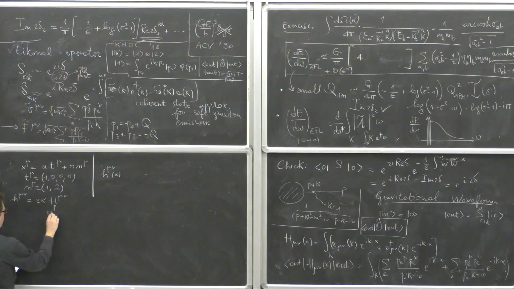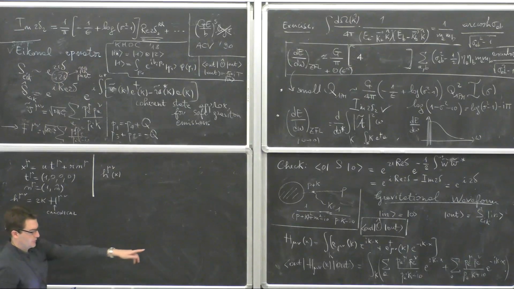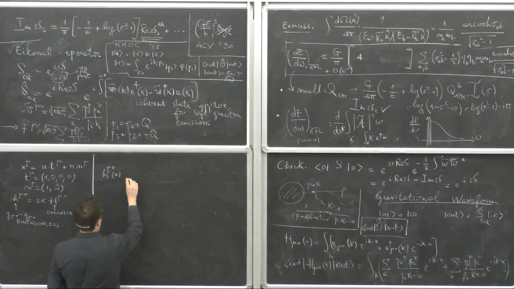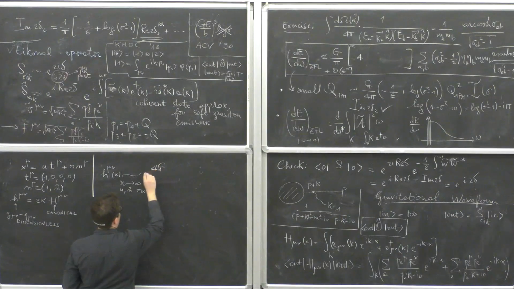This is the canonically normalized field, which was the one we were using there, and this would be the metric fluctuation, really g^mu nu minus eta^mu nu, so dimensionless. So this h^mu nu, as r goes to infinity and fixed u, goes like 4G over r.